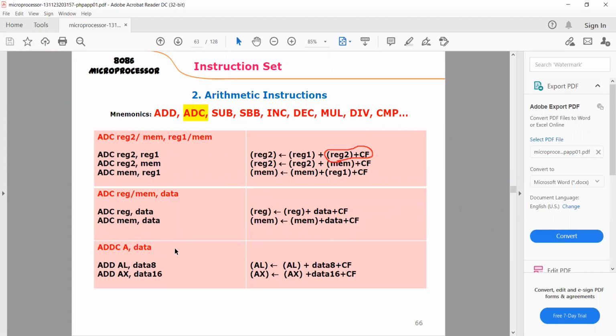Okay, let us move on to the next category, that is the subtraction operation.